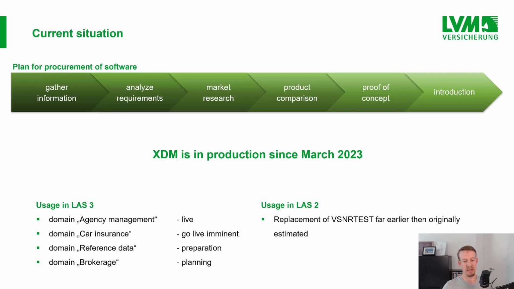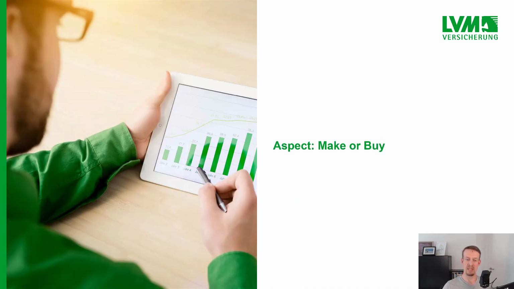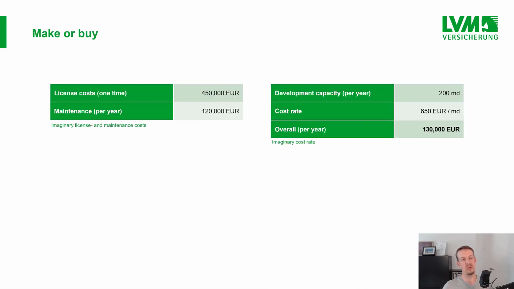Now, as I said, I convinced our management to switch from an own design, an own solution, to the procurement of a test data management system. Why that? Let's have a look at the aspect make or buy. Therefore, let's at first assume we have, on the one hand, license costs one time of 450,000 euros and maintenance costs per year of 120,000 euros, just as imagined costs.